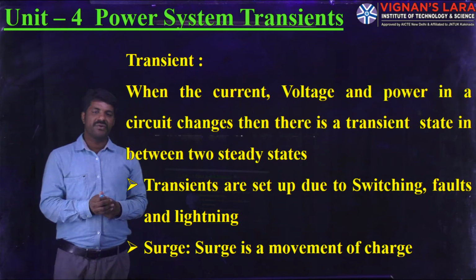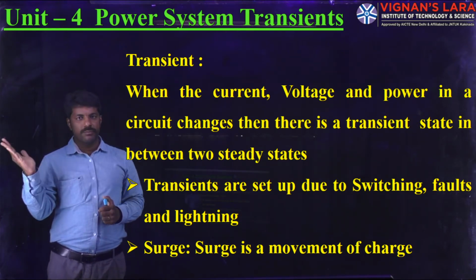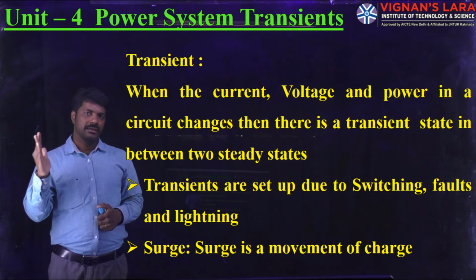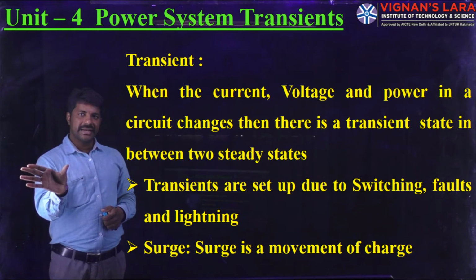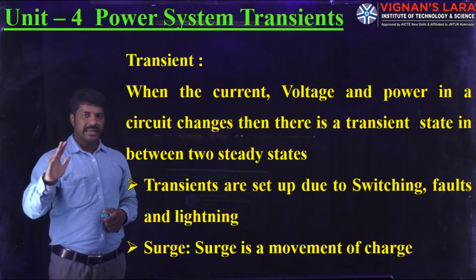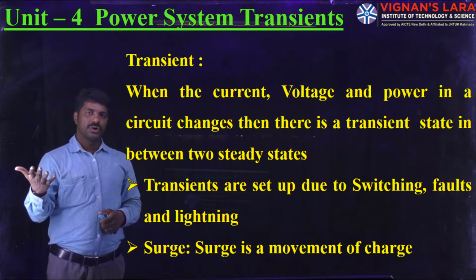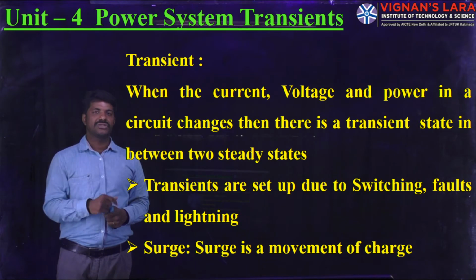Whenever we want to remove the transmission line from the generating station, the steady state condition is the closed condition. Whenever we open the switch, it is subjected to an open circuited disturbance.